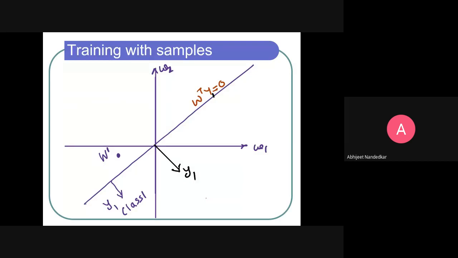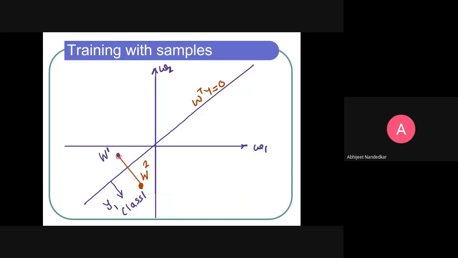Now we took this example earlier also. Say I am standing here, my input is Y1 which belongs to class 1. So if I stand here in weight space, Y1 is this direction. So this becomes positive and this becomes negative. When I take the product W transpose Y1, it will give me a negative answer.